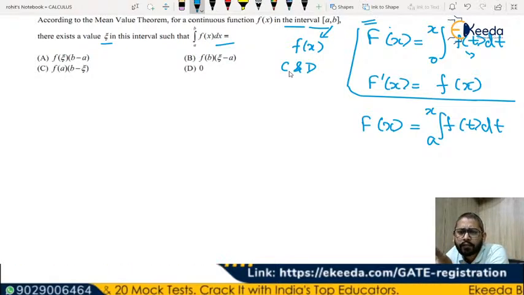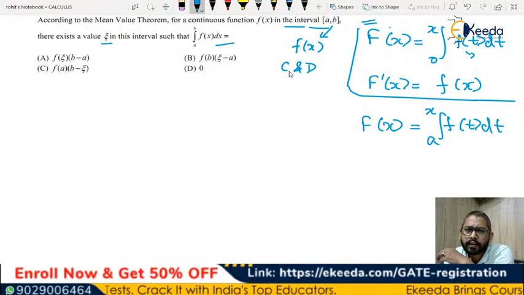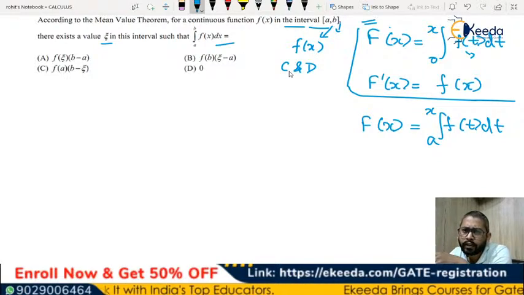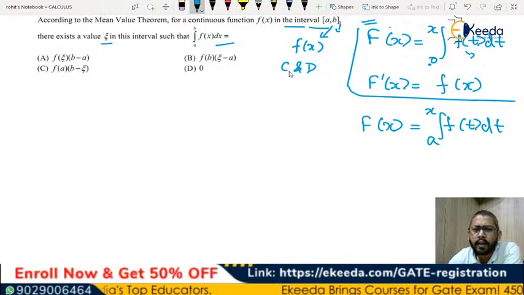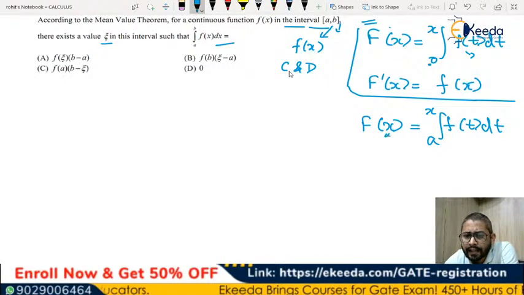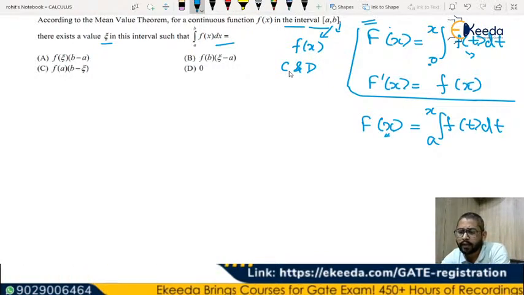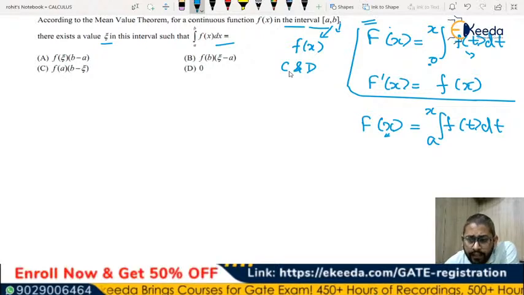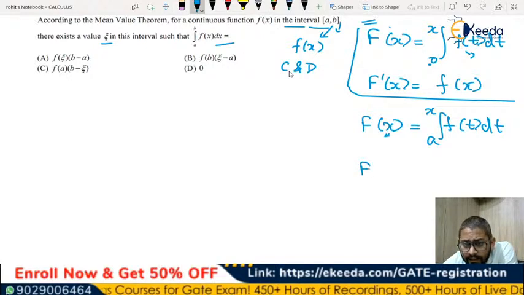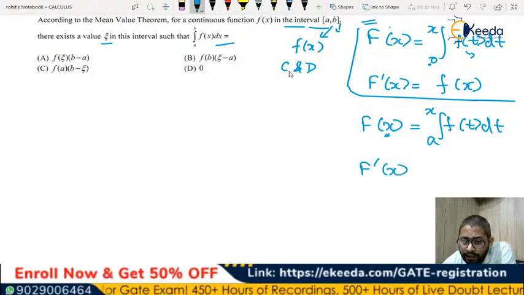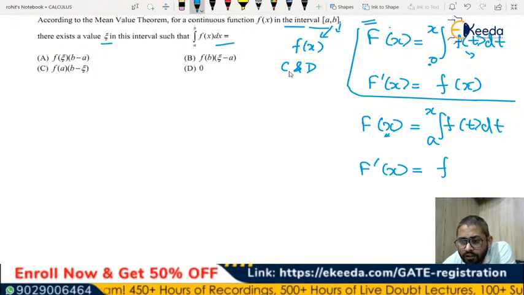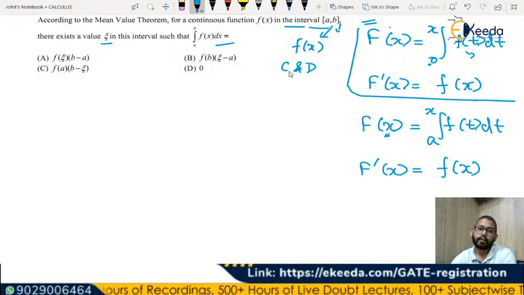So why are we writing from a to x? Because the function is defined and continuous in the interval of a to b. We cannot mention it to be x, right? And we have to make sure also that this x lies between this a to b interval only, right? So in that case, the second thing is, the derivative of capital F of x can be written as f of x, right?